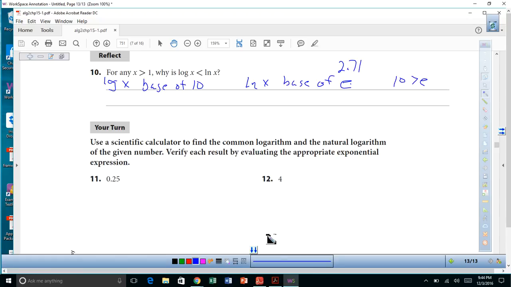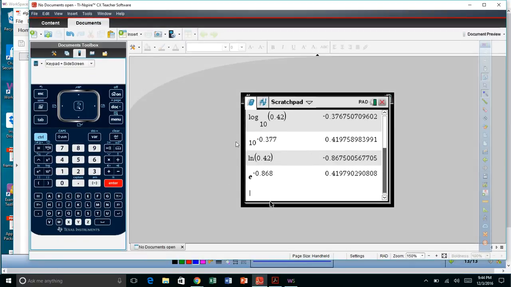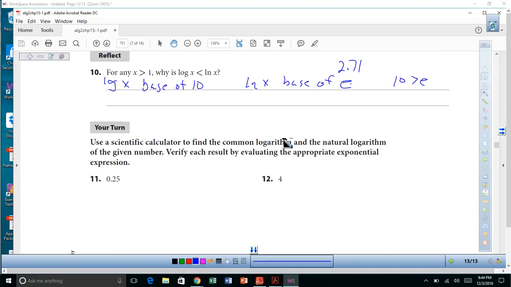Okay, did we not notice that on the calculator? Look, 10 to the -0.377 is 0.41975, and that's 0.41979. Okay, not by much, but it is a little bit.